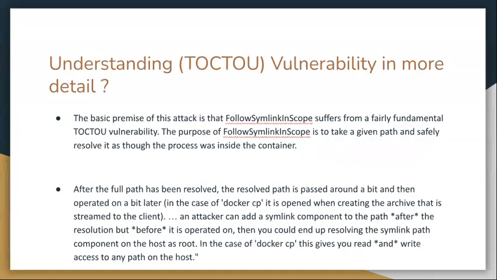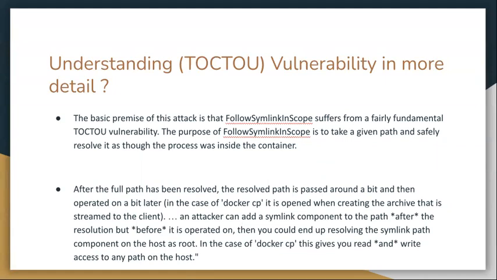Now, if you want to understand this TOCTOU in more detail, the attack comes from the fact that follow symlink in scope suffers a fairly fundamental TOCTOU vulnerability. So basically the symlink handling itself has this vulnerability, and that's why the docker cp command, when it uses follow symlink in scope, also gets into this vulnerability, because it is using that for the symlinks while you copy the files.